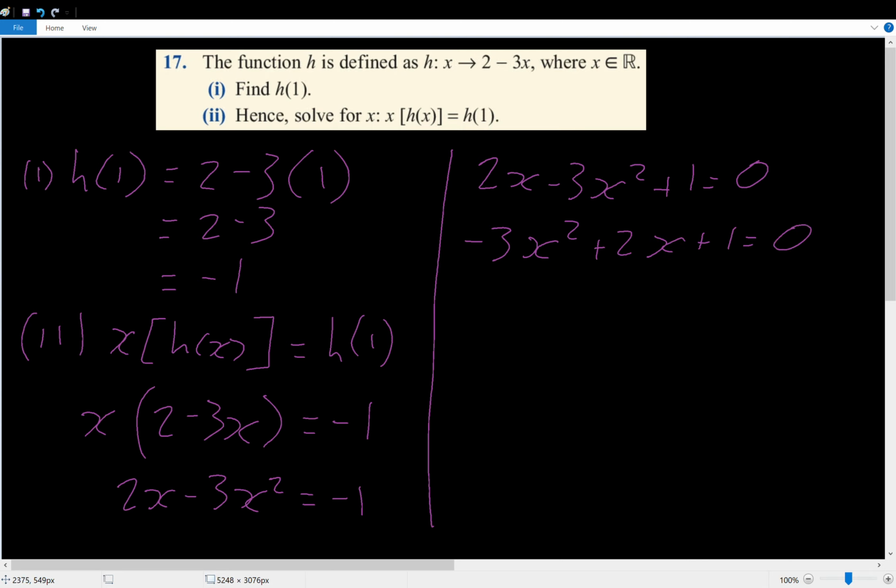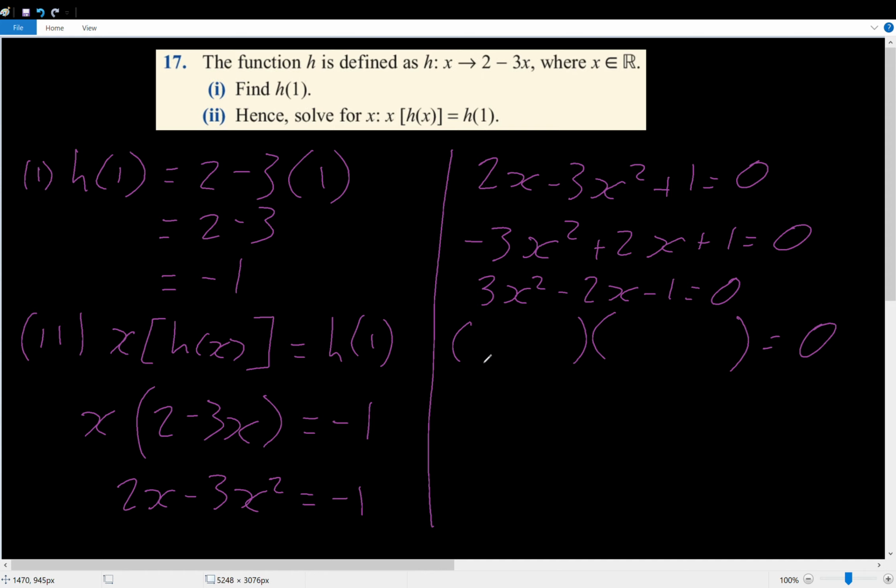But we don't generally solve quadratics when we have a negative x squared. So what we're going to have to do is change the sign on everything. We multiply the entire equation by minus 1, so we get 3x squared minus 2x minus 1 is equal to 0. And now we can go about factorizing.